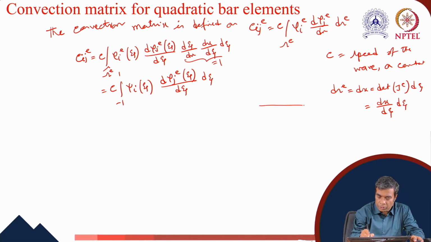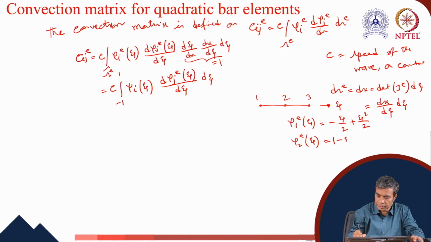Now we draw a three-noded bar element with nodes 1, 2 and 3 in the natural coordinate system. We know that psi_1^e(xi) equals minus xi by 2 plus xi square by 2, psi_2^e(xi) equals 1 minus xi square, and psi_3^e(xi) equals xi by 2 plus xi square by 2.